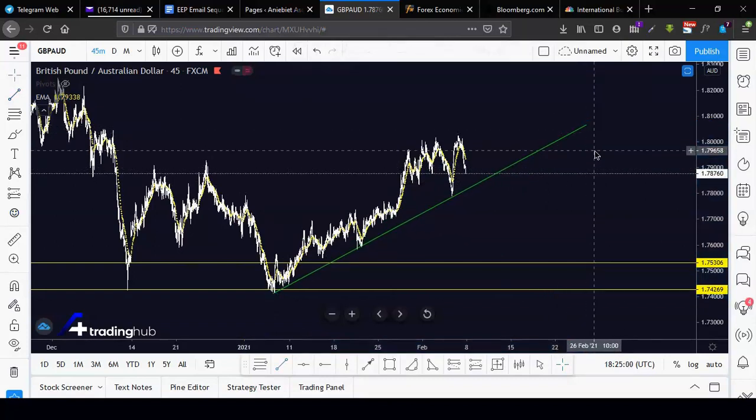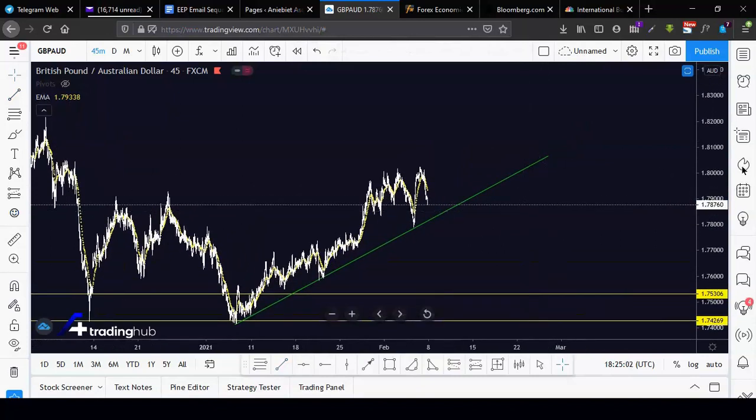Watch out for price to retest this and keep pushing up. This is a correction here, an expanding triangle. That's a corrective structure. So watch for price to tag here and push to the top. If price doesn't reject here, watch for it to drop down a little bit, because this is an expanding triangle. So watch for it to drop, tag, then push to the upside. So stay bullish on pound AUD.